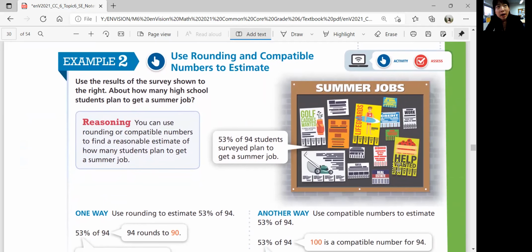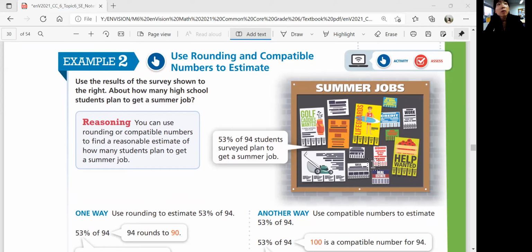Use rounding and compatible numbers to estimate. Use the results of the survey shown to the right to estimate about how many high school students plan to get a summer job.